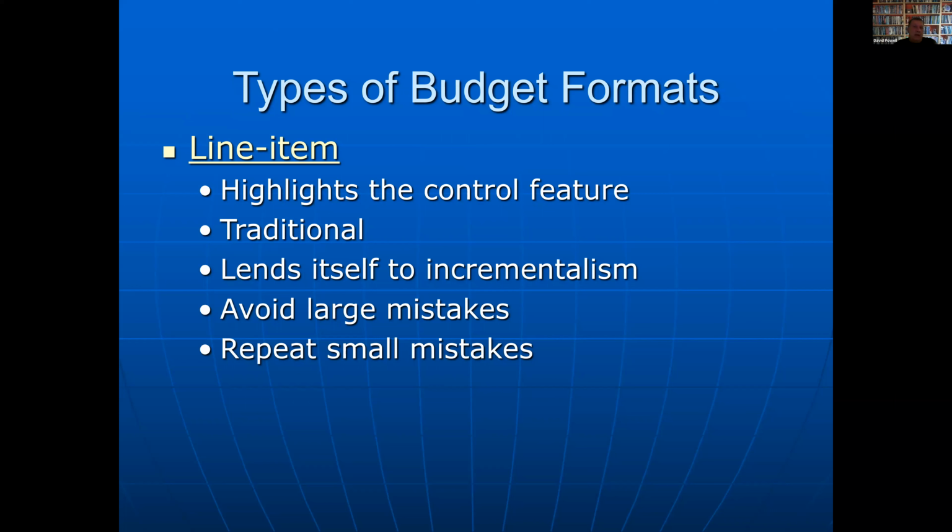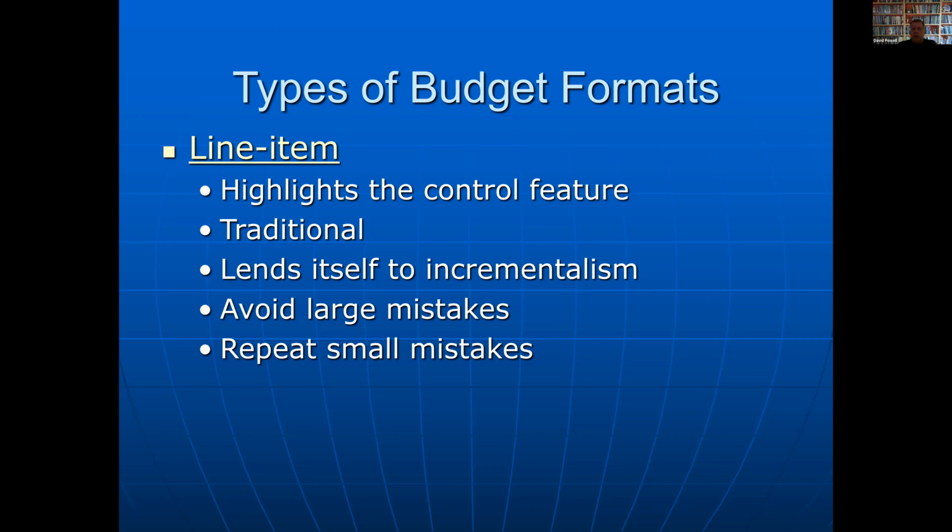Now, that being said, with those disadvantages of line item budgeting, we also have to acknowledge that line item budgeting is the staple that we use in putting together our public budgets, especially at the local level of government. And I can guarantee you pretty much 100% that every single city budget that you look at for this class will at least have a line item component to it, if it's not completely line item, or at least have a section that is line item budgeting.